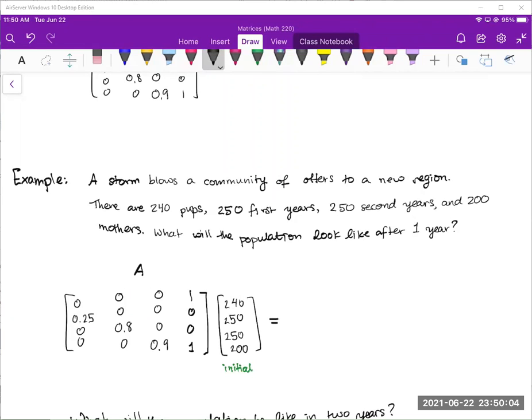And when we multiply this out, it's not too bad, but you can do this on your own. We see that we have a population of 200 pups, 60 first years, 200 second years, and 425 mothers.